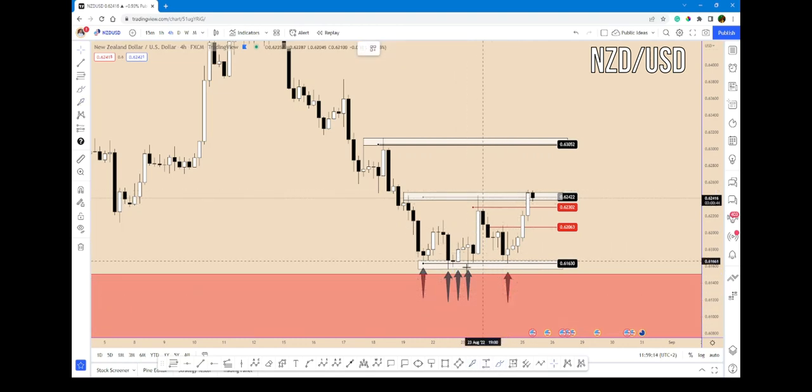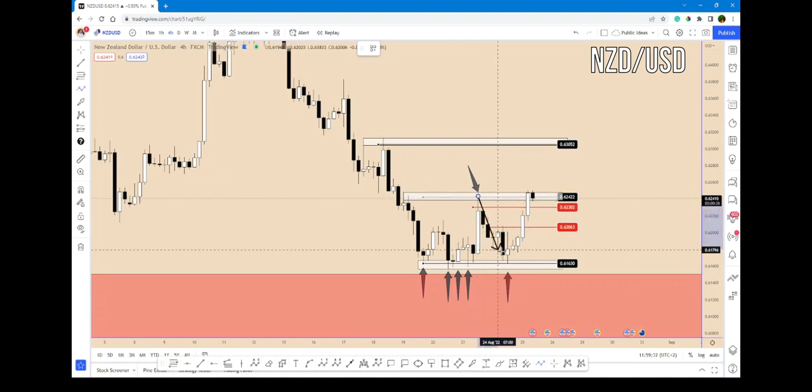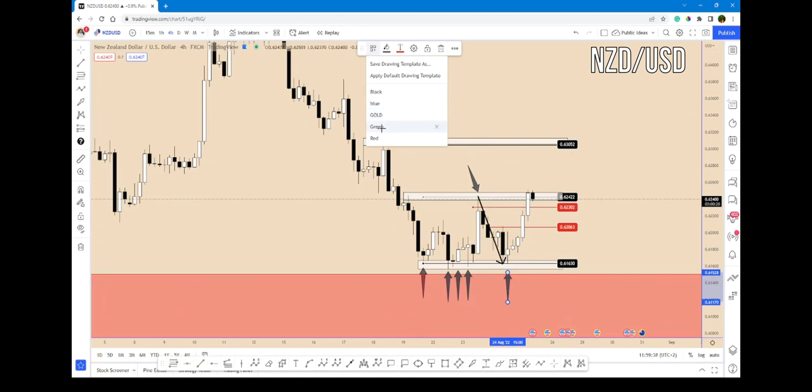After that, when the price managed to move higher, on August 23, so 2 days ago, we can see that price faced the first resistance from the top of the structure. After that, price came down again and tested the lower part, and here we had our trade at this zone. So here was what we were looking at.